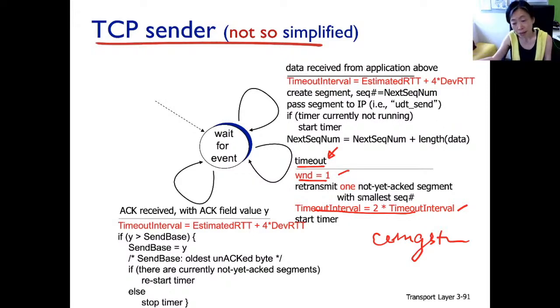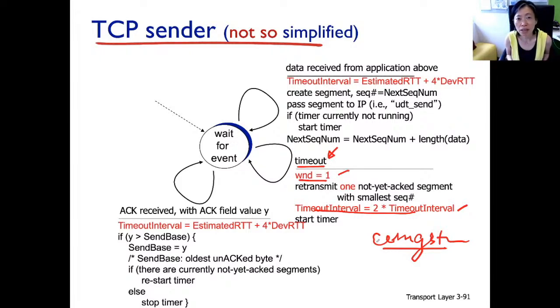When it's twice that long, then we are retransmitting at half speed. So both of these extra mechanisms are to address congestion, which is to do congestion control. And you see here in TCP, the reliable data transfer mechanism is somewhat mingled with the congestion control.